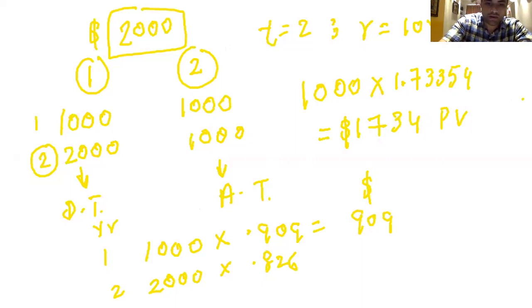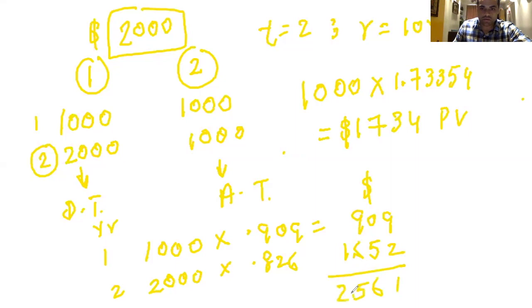So 0.826, multiply that. So we got 1652. All right, so 2561 minus 2000.